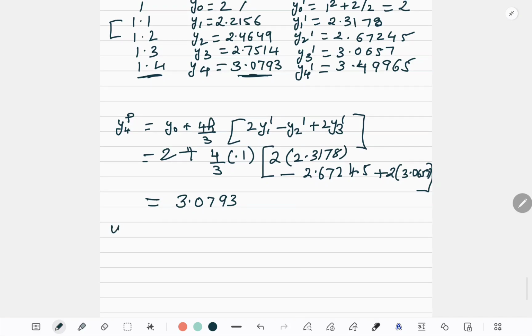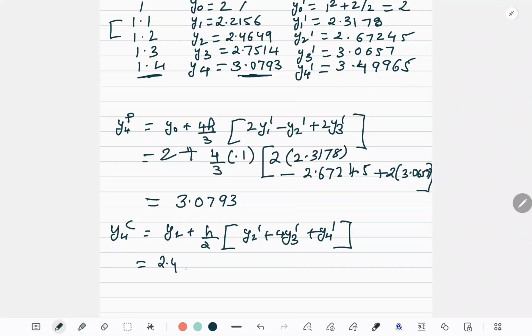Now apply your corrector formula. What is the corrector formula? y2 plus h by 3 times y2 dash plus 4y3 dash plus y4 dash. Put the values. What is y2? 2.4649 plus h by 3, that is 0.1 by 3. And then put the values.